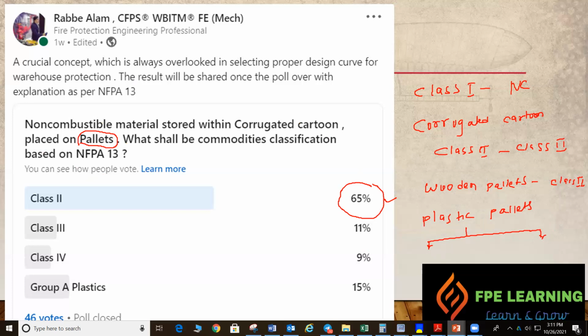Under plastic pallets, we have two types: unreinforced plastic, and reinforced. Let me have a look at these two, how they look.